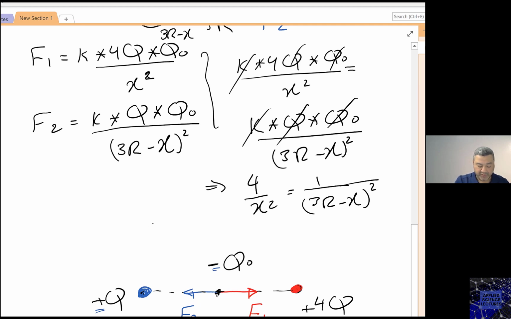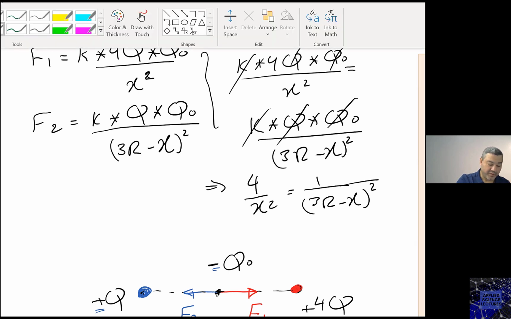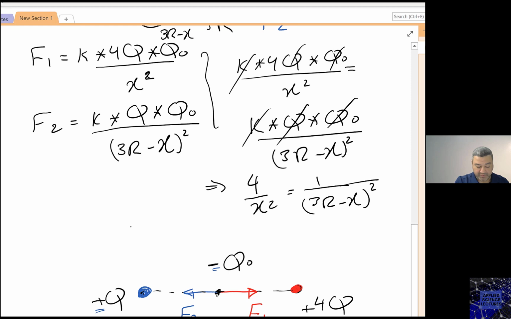Again, solving this one, we want to massage this a bit. It will be x squared equals 4 times 3r minus x squared.